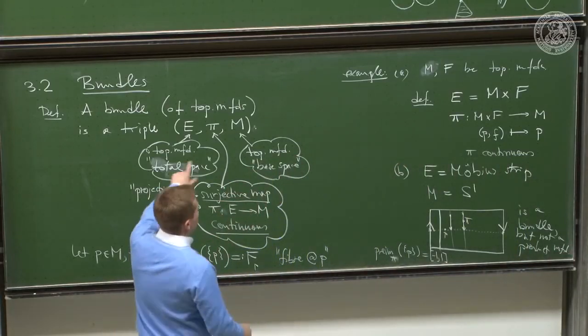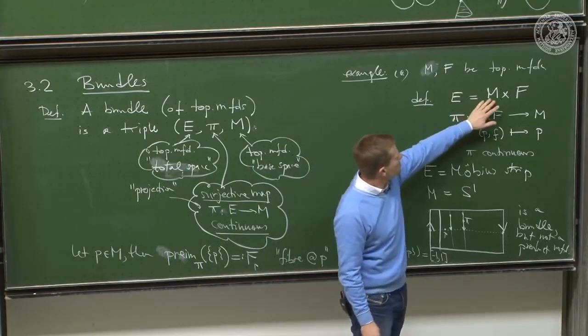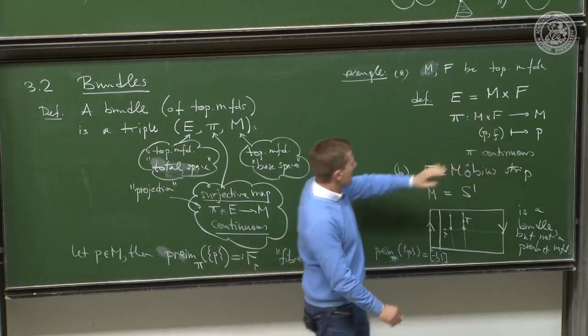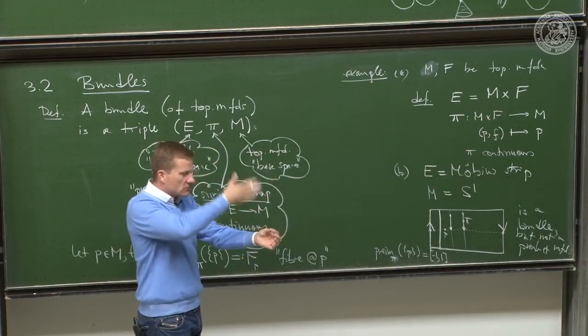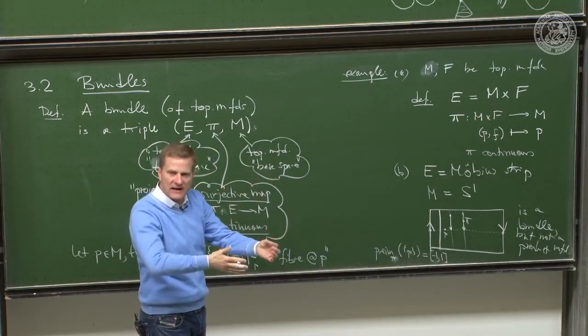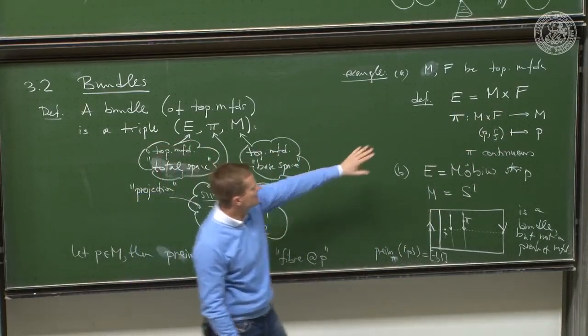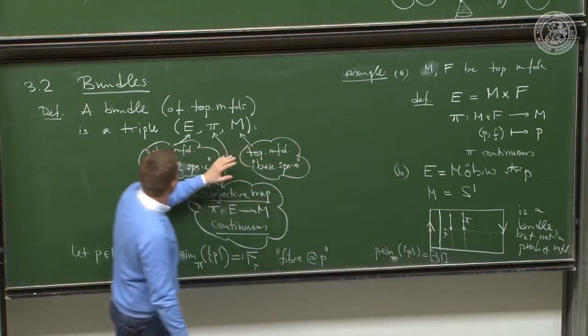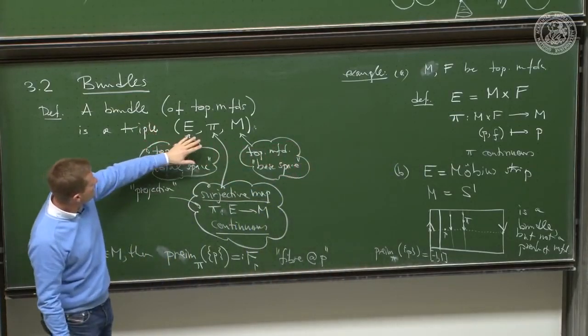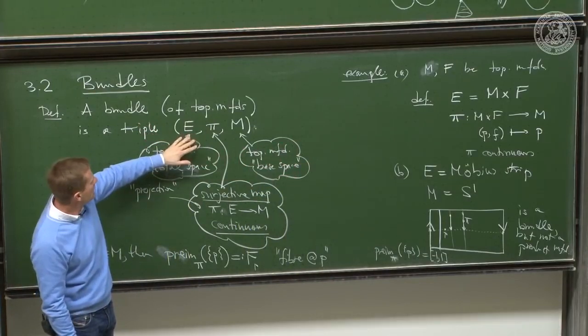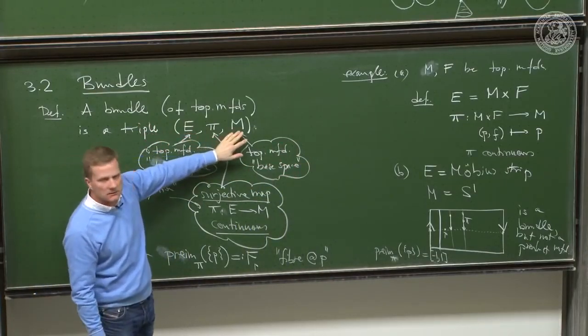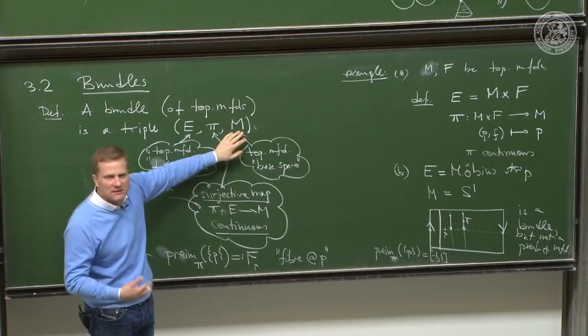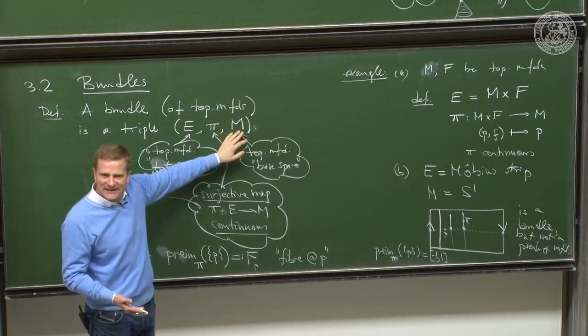I point this out again. It's very intuitive to think of the total space as some base space such that to every point there is a fiber attached. But that's the special example. If you carefully look at the definition, there is no mention of the total space somehow being built from the base space with something attached to it. It's weaker.